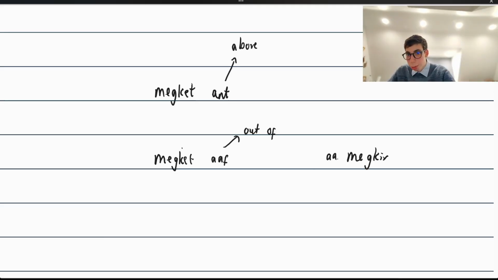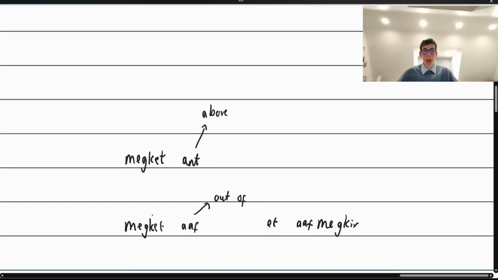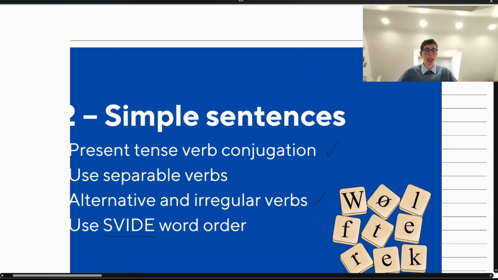Don't forget the separable bits. Et af merkia is a judge. So that comes from merket af. But if you're talking about judging or ruling or deciding like that, and you forgot to say the af, suddenly it means perceiving. That's not the same thing. So just be careful. But in terms of the content, that is it.